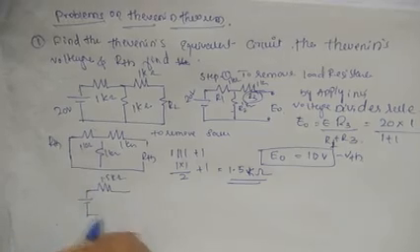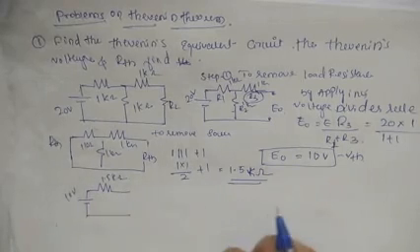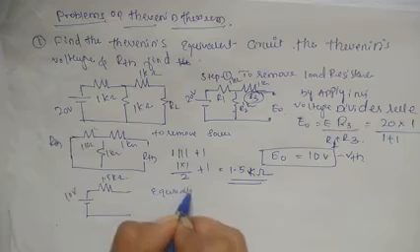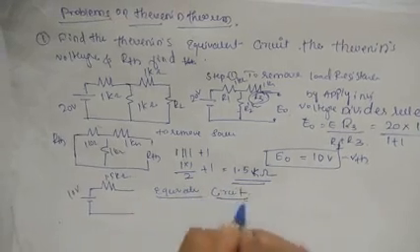E0 is 10 volt. This one is your equivalent circuit. Right?